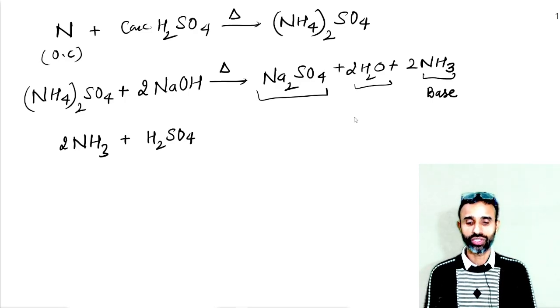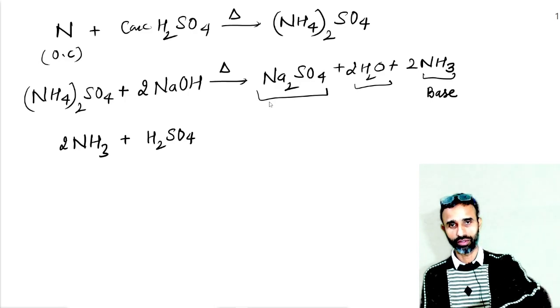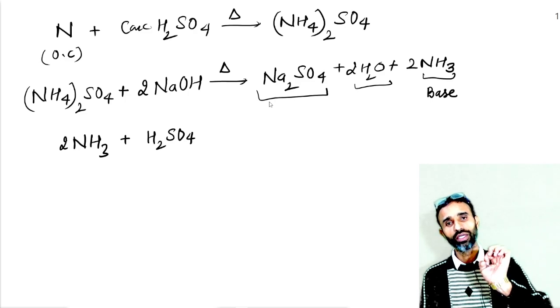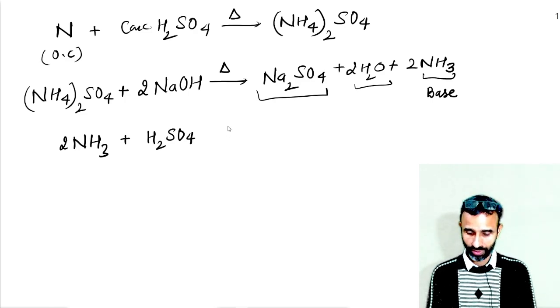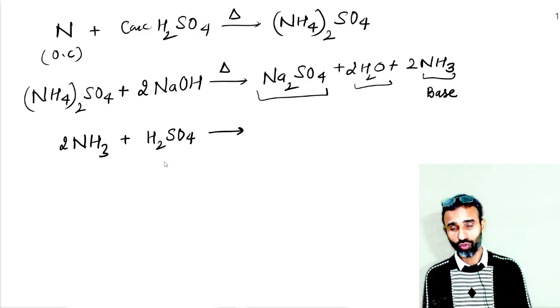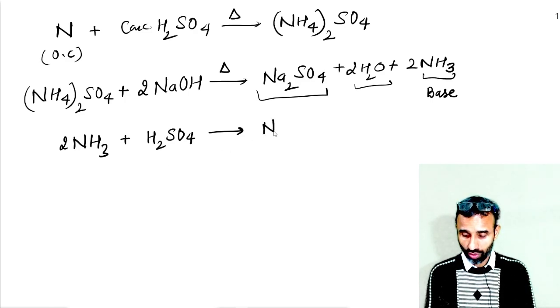Anywhere we write standard solution of HCl or standard solution of NaOH, it means its molarity is known. Here H2SO4 is used whose molarity is known, and we use excess of H2SO4 so that whole of the ammonia evolved is again converted into ammonium sulfate.